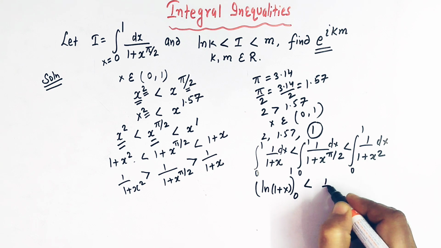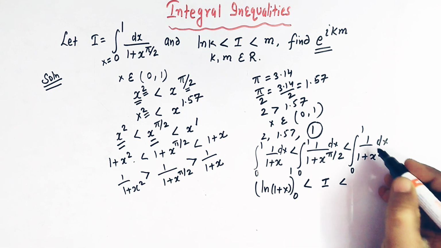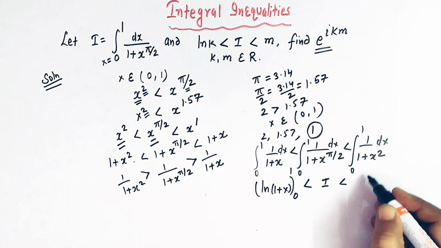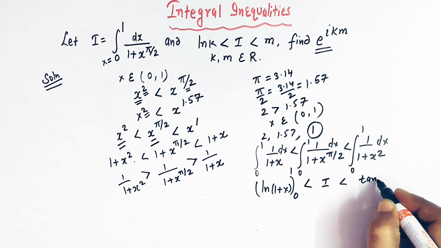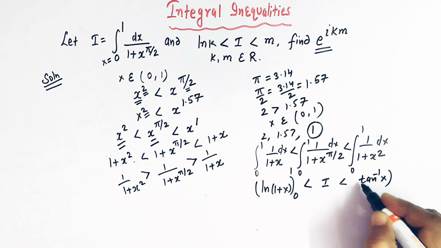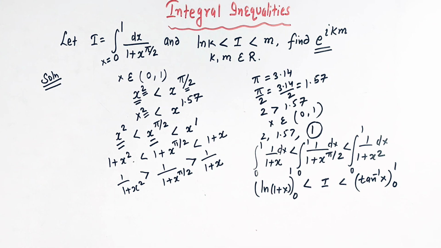This is less than I, replacing this integral by I, and here we have 1 over 1 plus x square. So this is a direct result from indefinite integrals. So the indefinite integral of 1 over 1 plus x square is tan inverse x. So the limits are from 0 to 1.